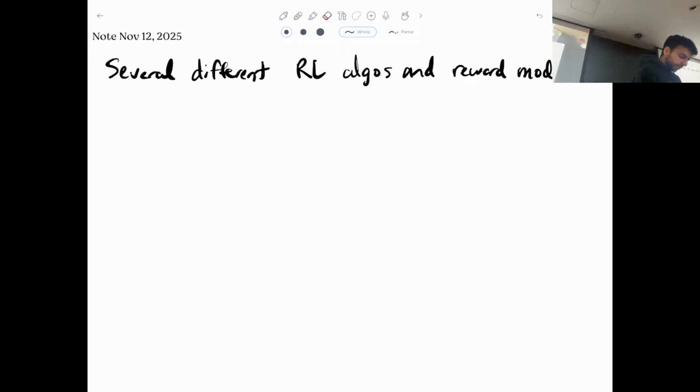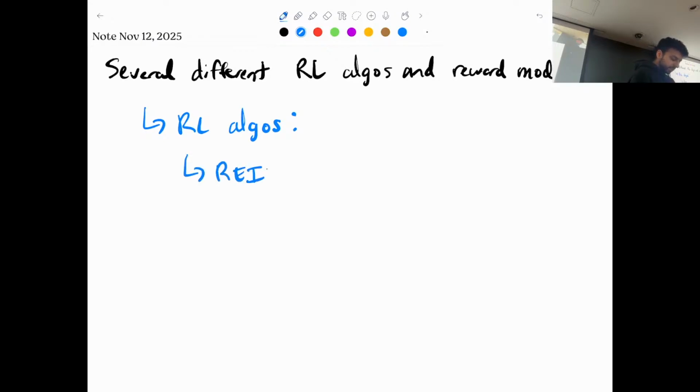So when we were considering the reinforcement learning algorithms, right, we started with REINFORCE, the simplest one, the one which we actually derived the gradient by using the log trick that we mentioned.